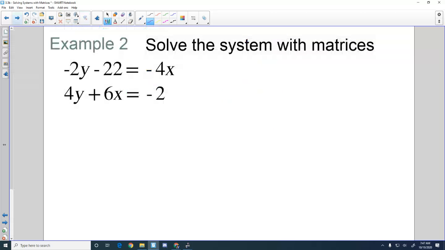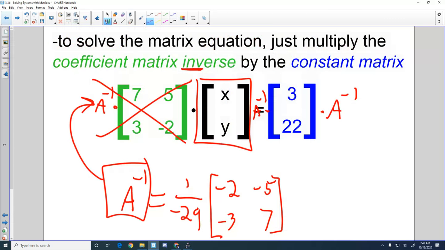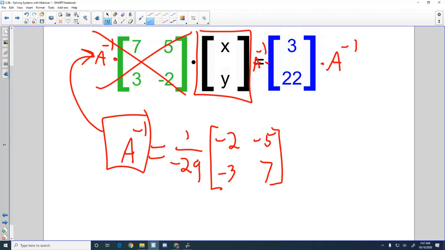Which is crazy, I know. So, over here on the right side, that blue constant matrix needs to be multiplied by A inverse. Since on the left, A inverse got multiplied on the left, I've got to multiply A inverse on the left side of this constant matrix as well.